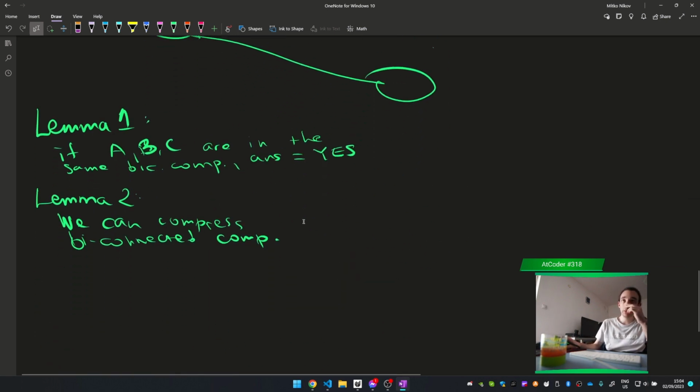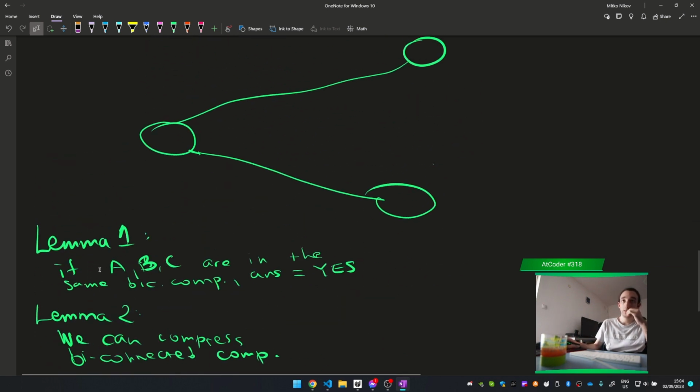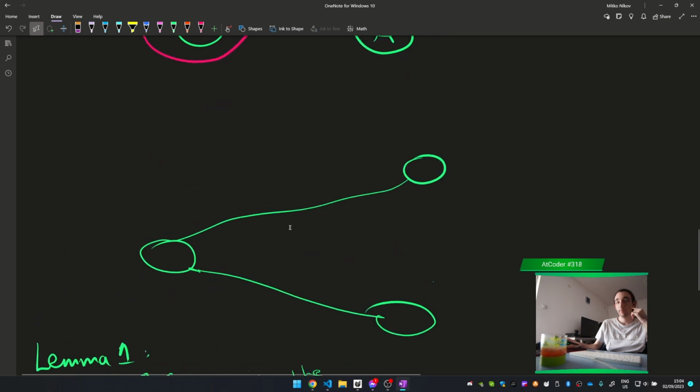Okay, so let's consider all the cases. Consider that they're all in different biconnected components.